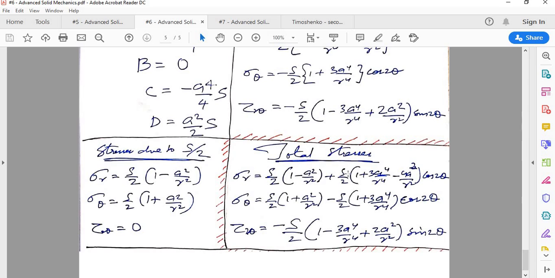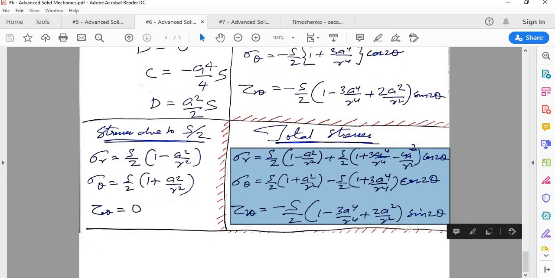So a squared by r squared, and a raised to 4 by r raised to 4 is coming everywhere, right? So you can give a squared by r squared as some X, and then a raised to 4 by r raised to 4 will be X squared. So it will be essentially a quadratic equation, and you will be able to solve it. That is another category of problems I can ask you.